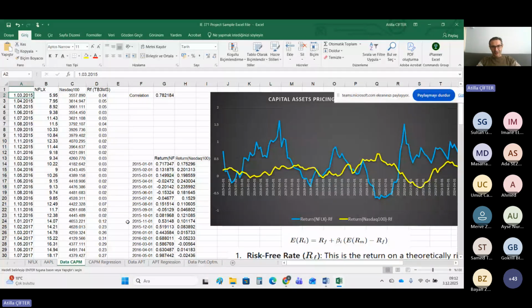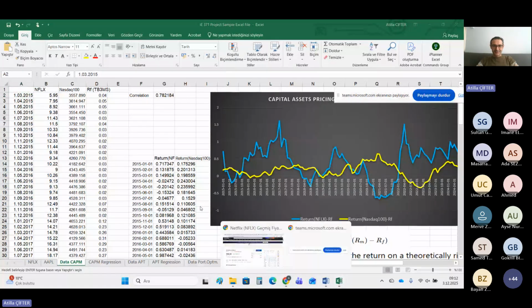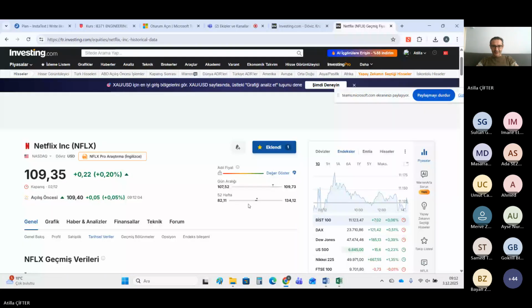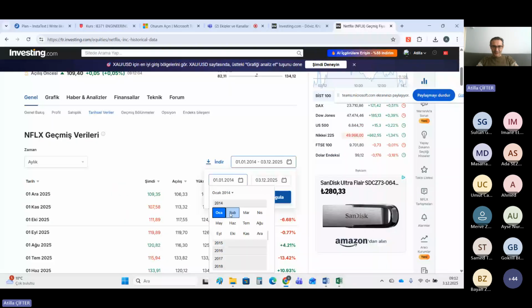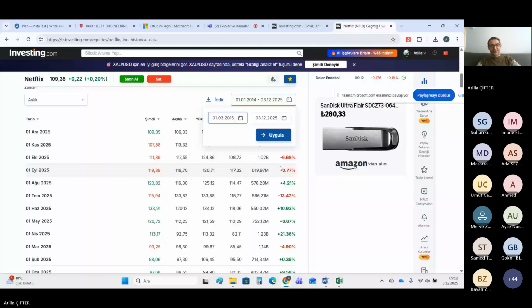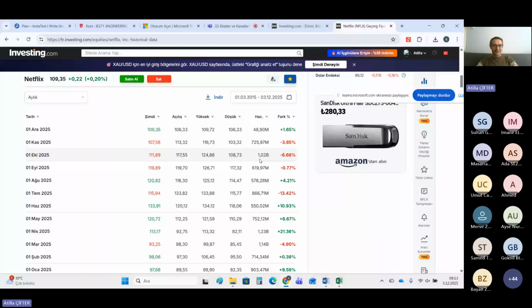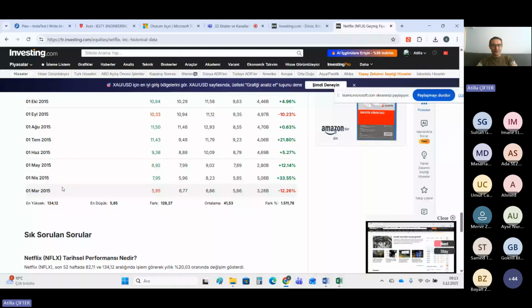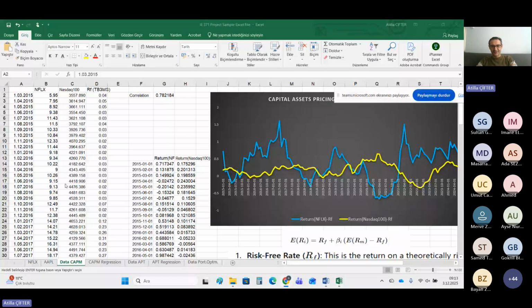So when you download, select the data period here, starting from March 2015, and then apply. Then you will see that the starting period is March 2015. So when you paste the data for your stock, it will calculate.